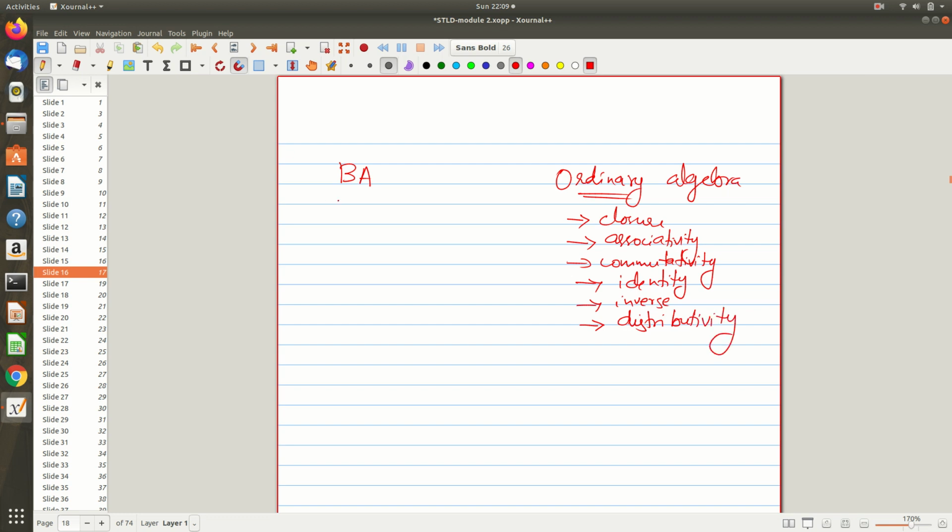Now if you are looking at Boolean algebra, the first thing is there here also as it is, the existence of closure. In ordinary algebra, the underlying set can be anything, that is defined in a general way. Here we are taking a special set, say B, and with the 2 operators we are considering plus and dot. So we have a specific structure for it, and it should be closed with respect to plus as well as with respect to dot.